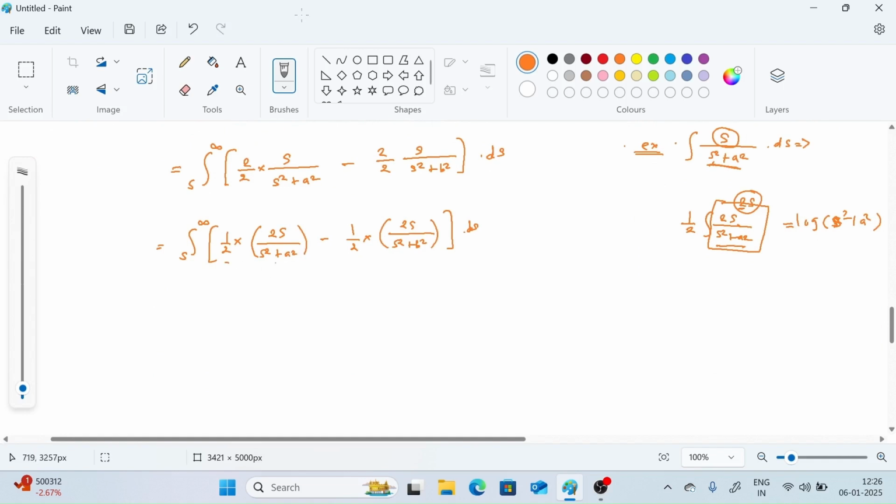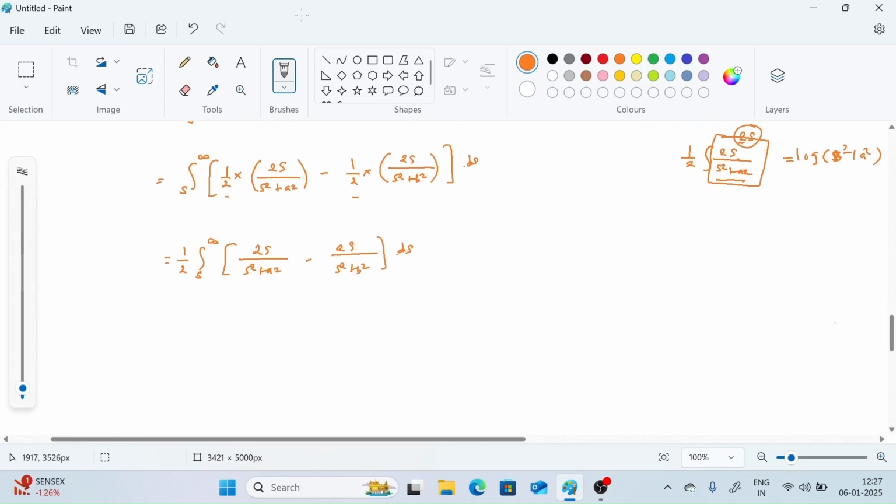From this, 1 by 2 I will take out. It's common. So s to infinity 2s upon s square plus a square minus 2s upon s square plus b square into ds. So now it is in our desired form.